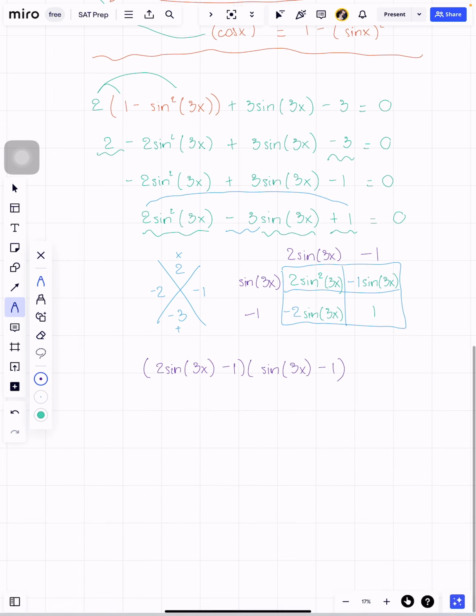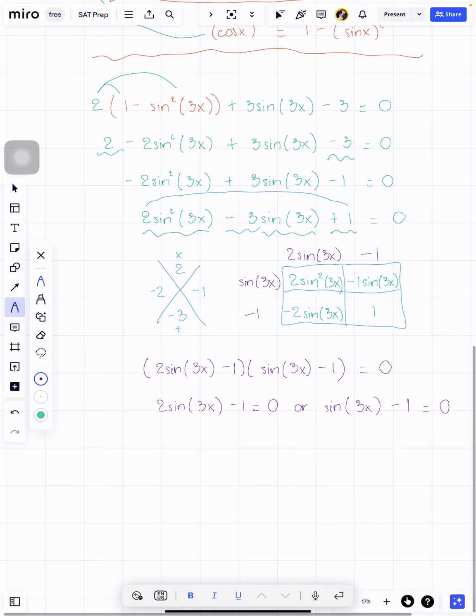And I have it equal to 0, like this. Now I want you to split each of the problems to be equal to 0, and we're going to solve them separately from each other. So the first problem, I'm going to do 2 sine 3x minus 1 equal to 0. And the second problem, to connect it, I'm going to write the word or. The second problem would be sine of 3x minus 1 equal to 0.